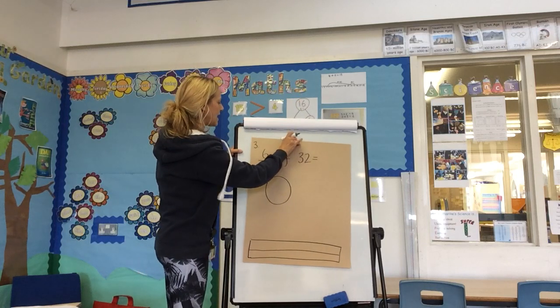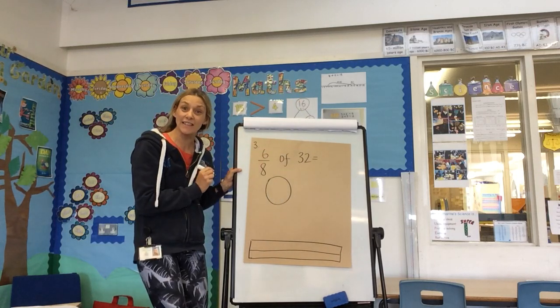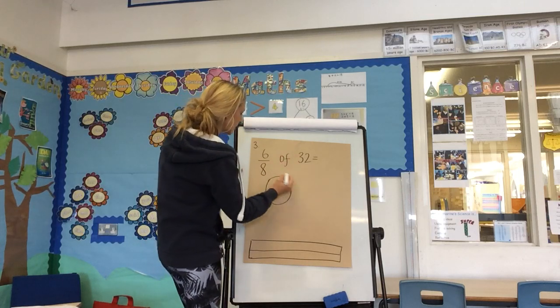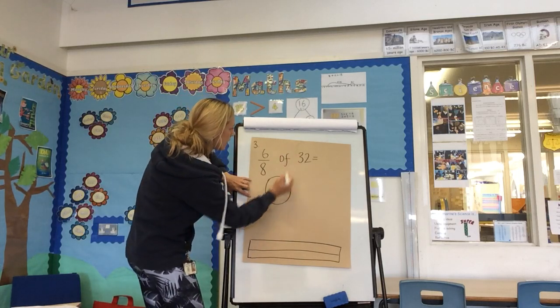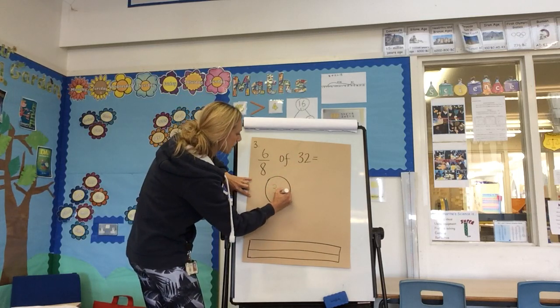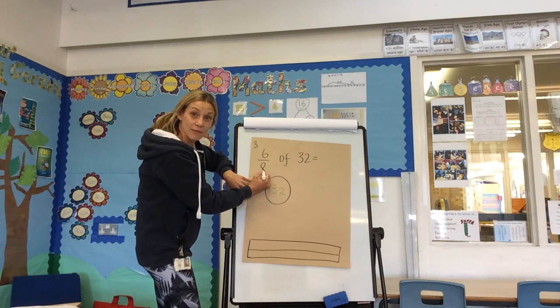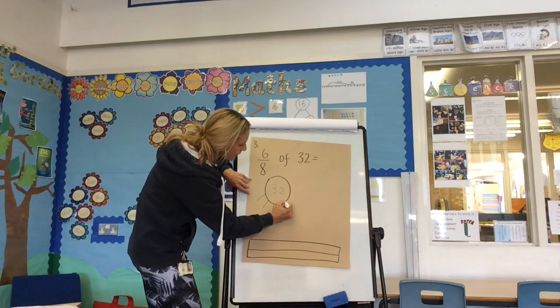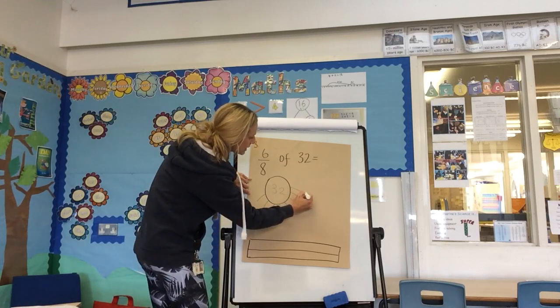And finally, 6/8 of 32. Now that sounds quite hard, but we can do this. Part whole model. Our whole number is 32. We've got to split it 8 times. That's our denominator: 1, 2, 3, 4, 5, 6, 7, 8.